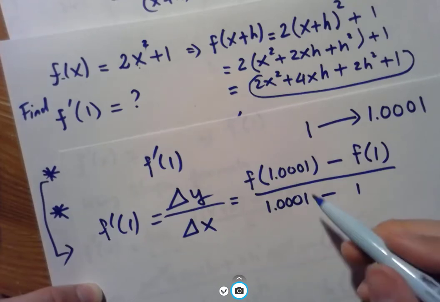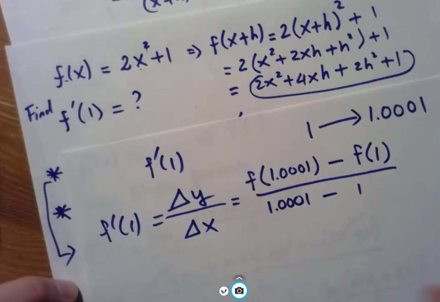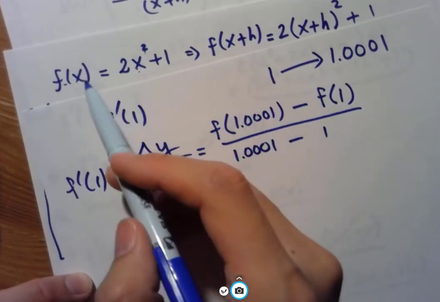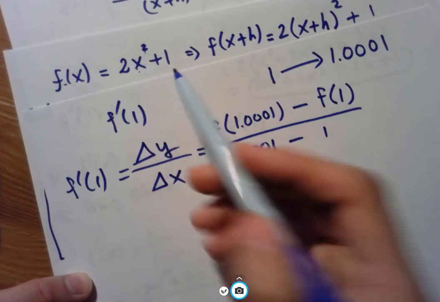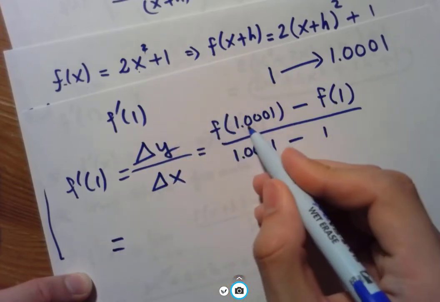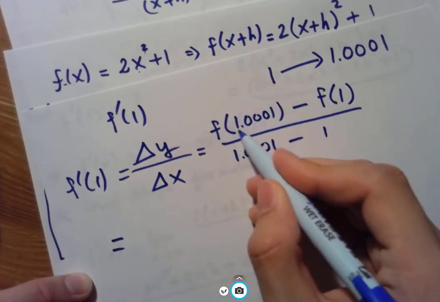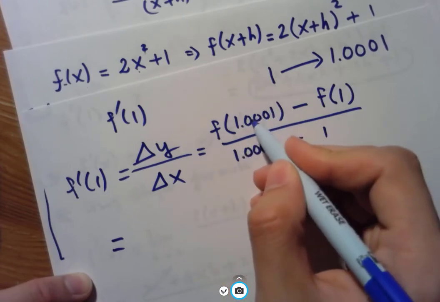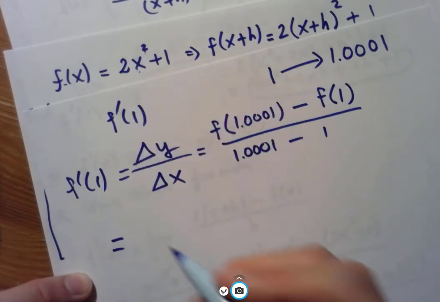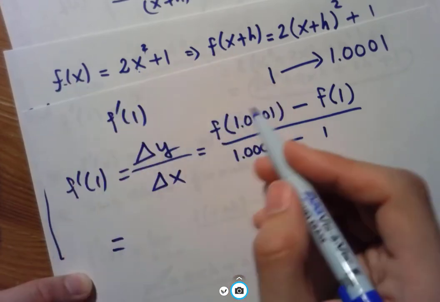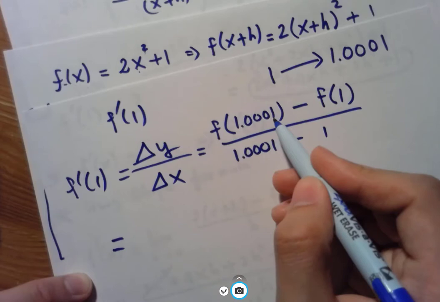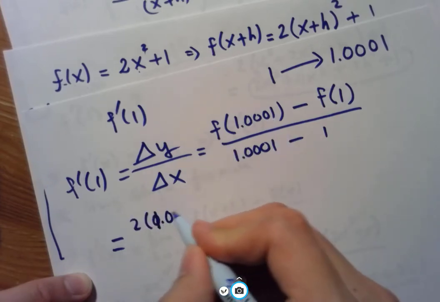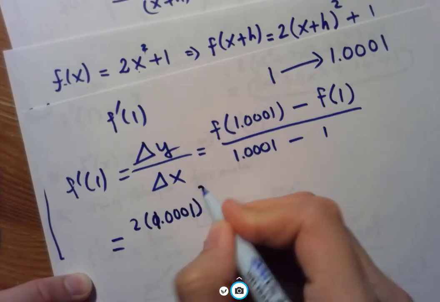And now the function f of x was given as 2x squared plus 1. So for f of 1.0001, all you have to do is substitute this value in the place of x, because this is the function f. So f of 1.0001 is 2 times 1.0001 squared plus 1.